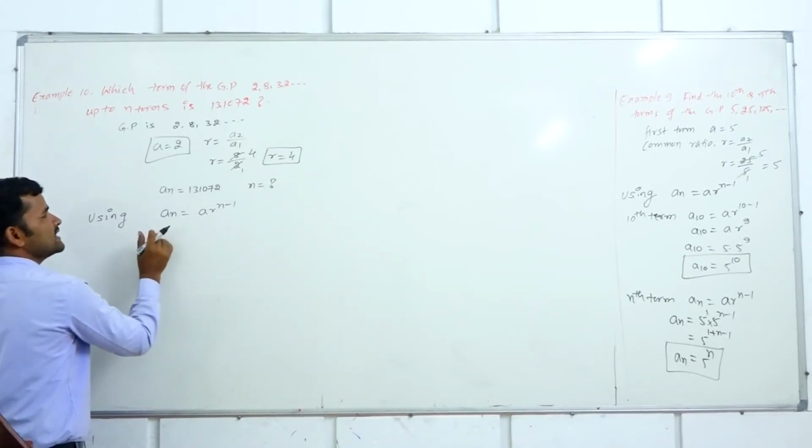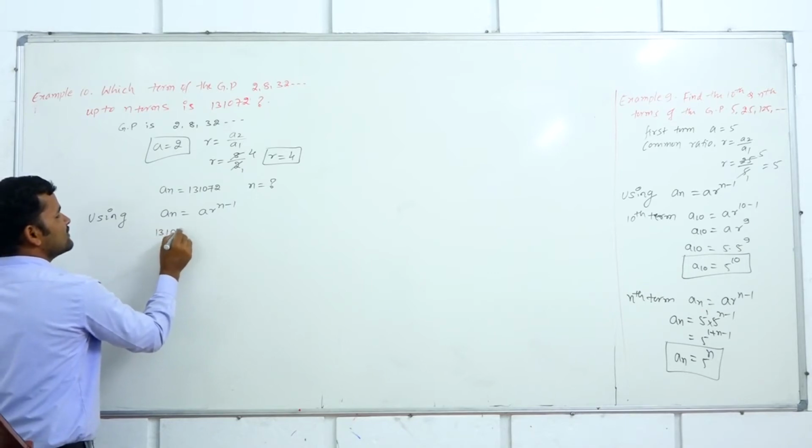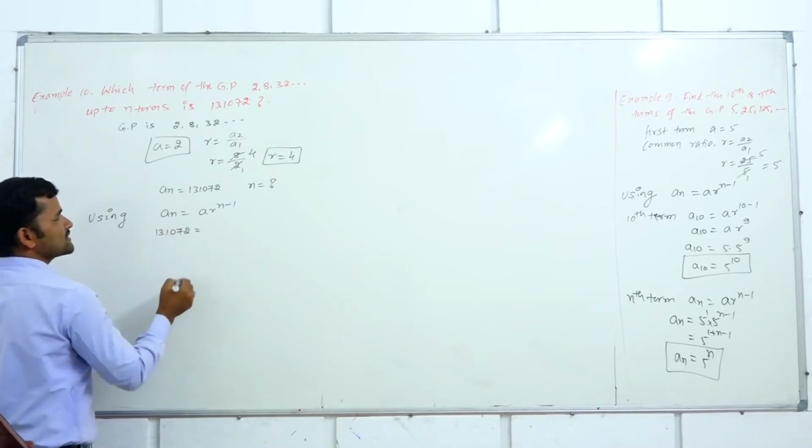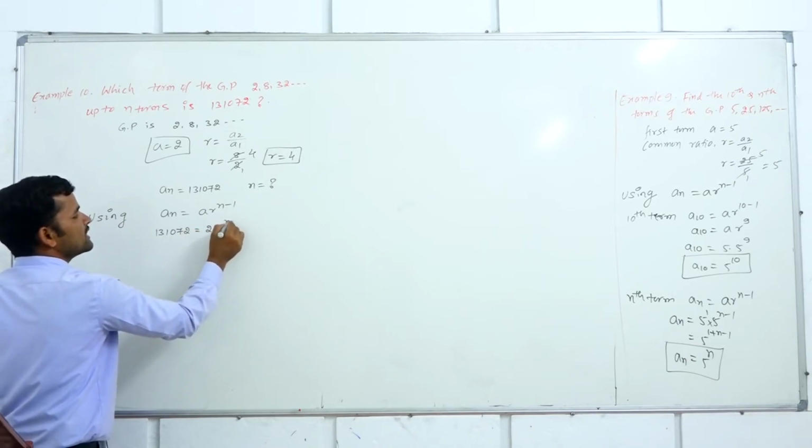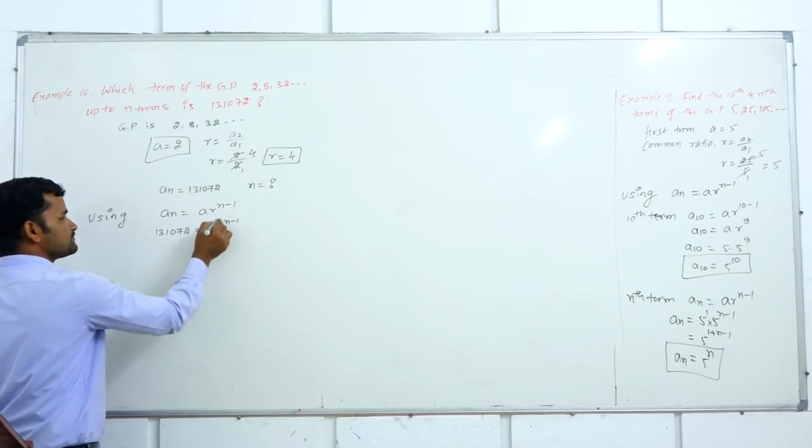Substituting the values, an is 131072, which is equal to a is 2 into 4 to the power of n minus 1, r is 4.